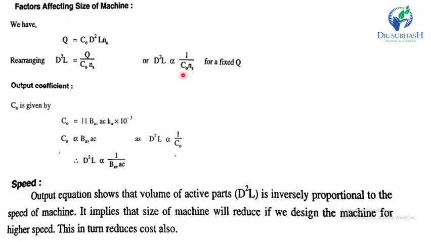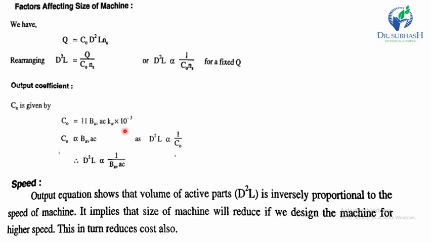Now first of all we see how the output coefficient affects the size of the machine. In the above equation, the output coefficient is inversely proportional to d square L or the main dimension.